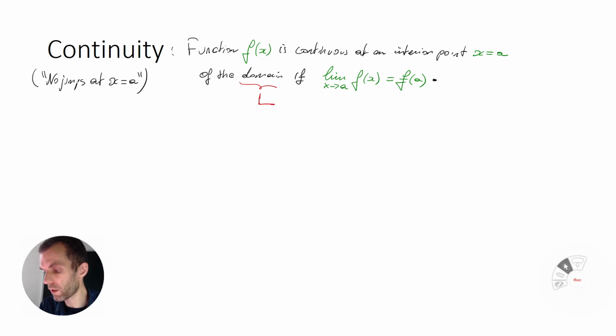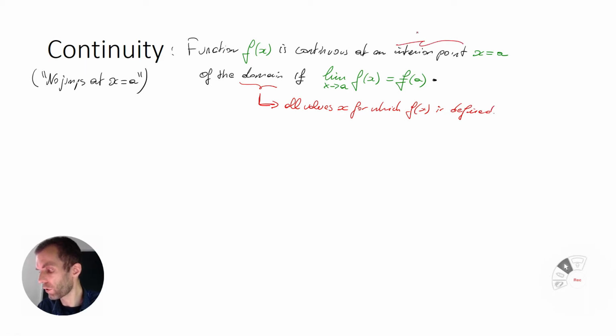The domain here is all values x for which f of x is defined, and an interior point is a point other than the boundary, so not the boundary of the domain.